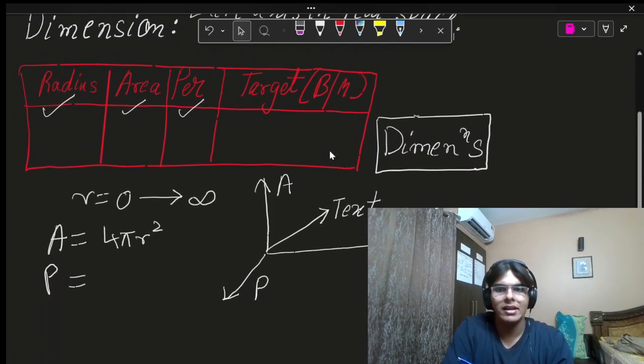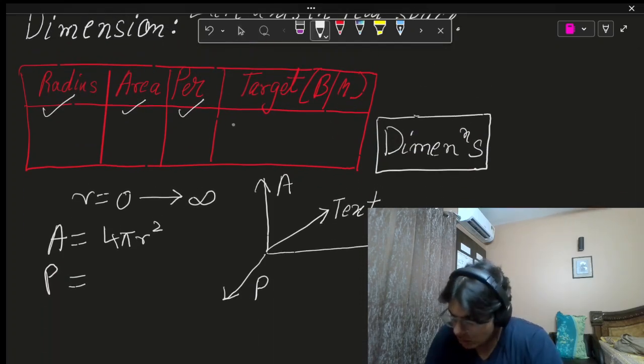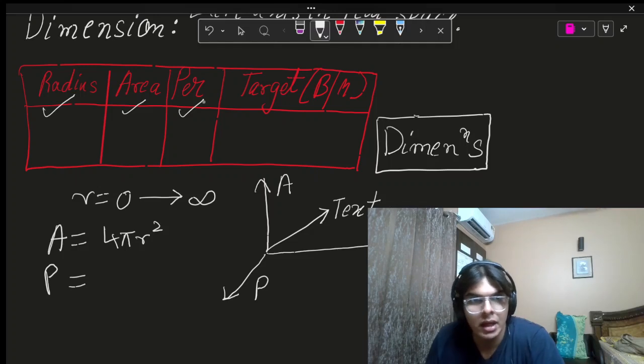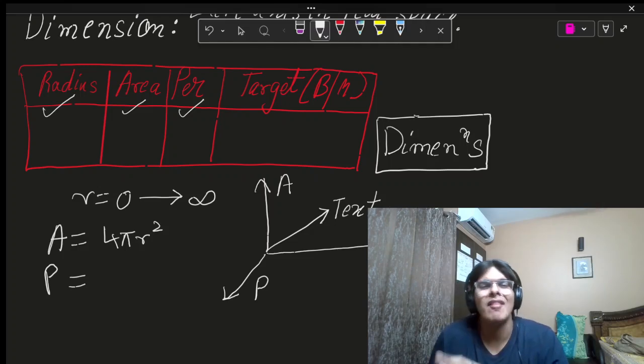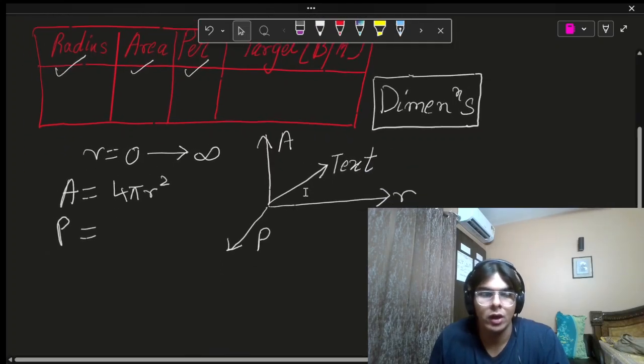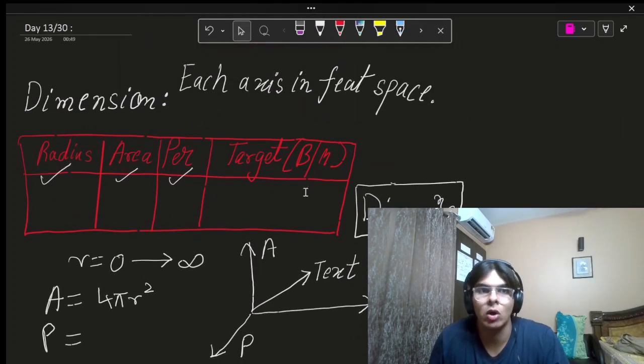Like I said, I took three features here as an example: radius, area, and perimeter. But we can maybe have a texture feature, a thickness feature, a width feature, a volume feature. We can have many features depending on how the data set looks. It all depends on the data set that we have on our hands.